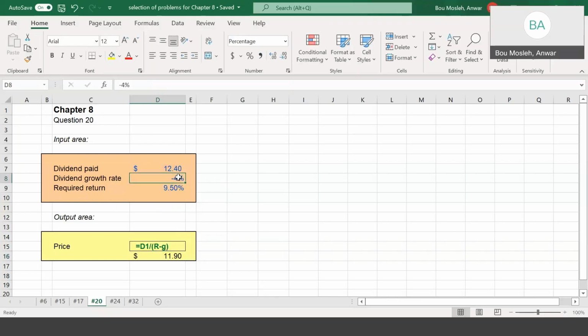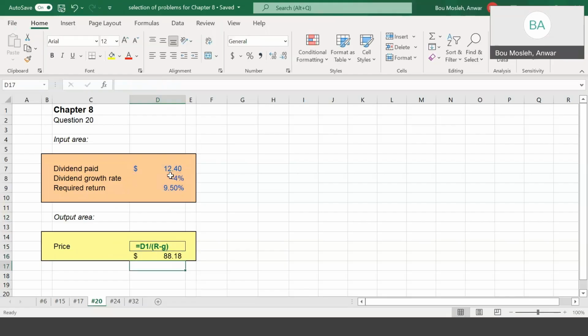divided by R minus G. Notice that minus G is plus G. So now we're dividing over 13.5 basically.